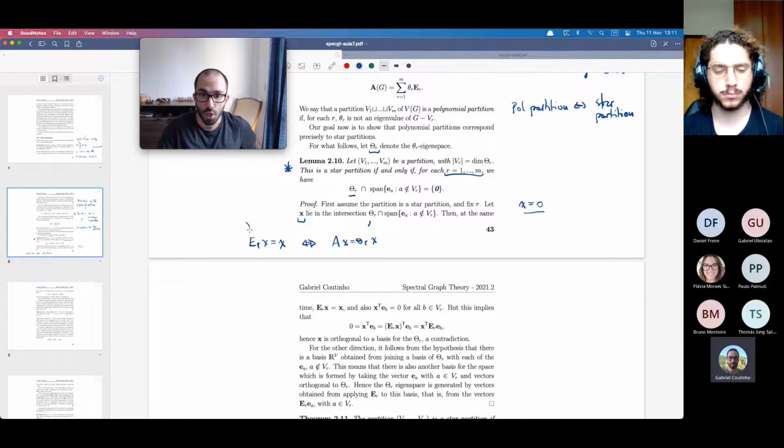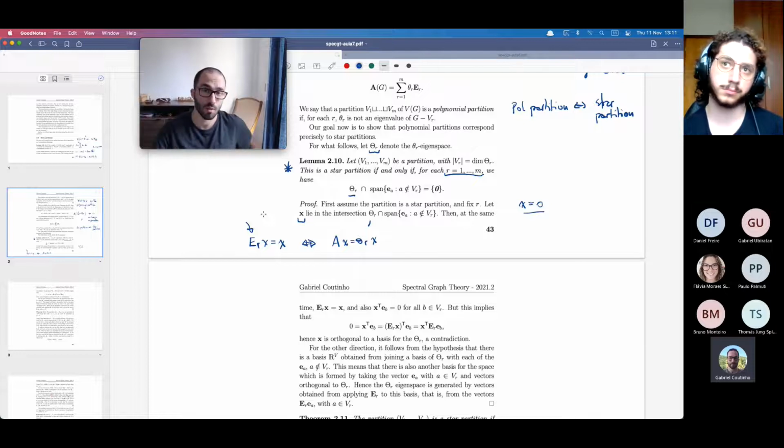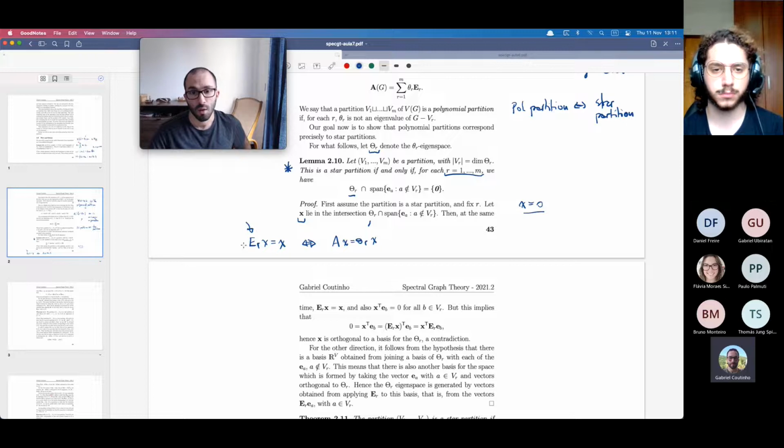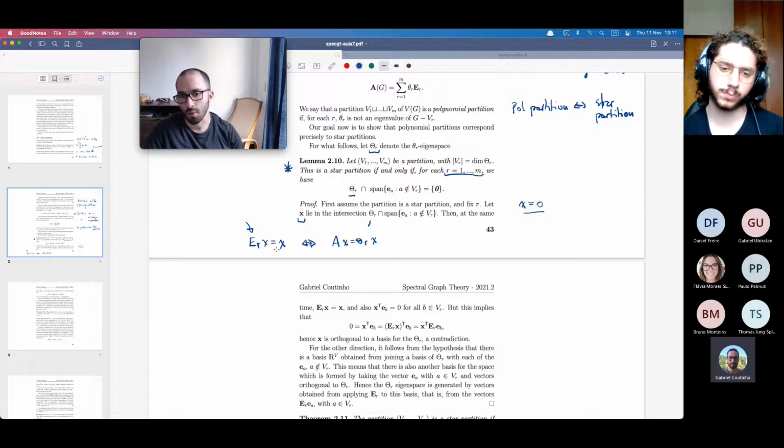So this is a projection onto an eigenspace. To say that the vector belongs to the eigenspace is the same thing as to say that the projection does not change it. The column space of the projection is the eigenspace, and E_r times x is in this column space.